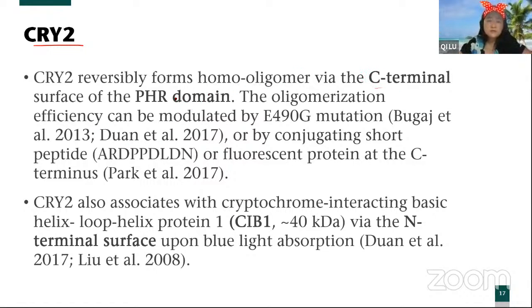At the C-terminal surface, it has a PHR domain, and within the PHR domain is the binding site for the light-responsive chromophore. It can also associate with the helix-loop-helix protein CIB1. Later we will talk about how to introduce mutations into CRY2 to determine its function as a homodimer or as a heterodimer with CIB1.